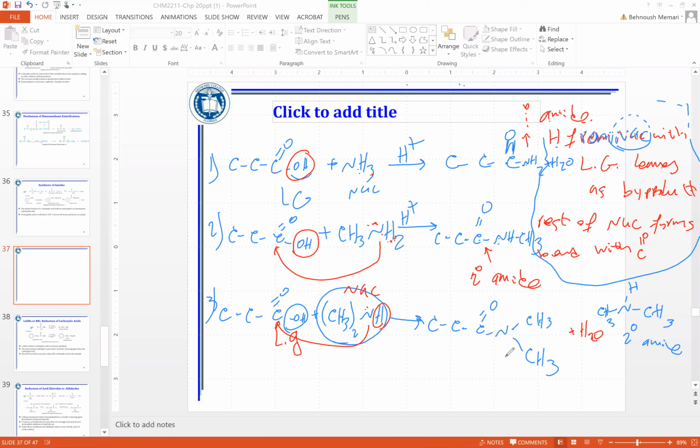Okay, a primary amide has 1 carbon-nitrogen bond, a secondary amide has 2 carbon-nitrogen bonds. We have 1 carbon-nitrogen on this side, 1 carbon-nitrogen on the other side.